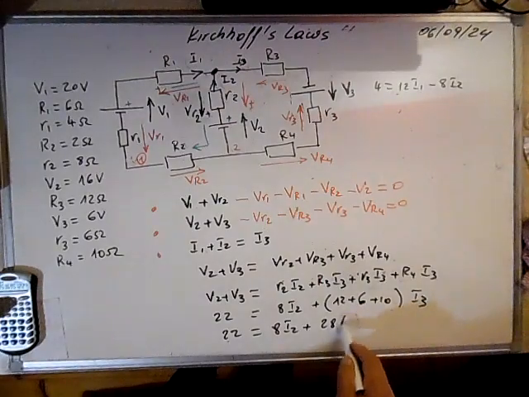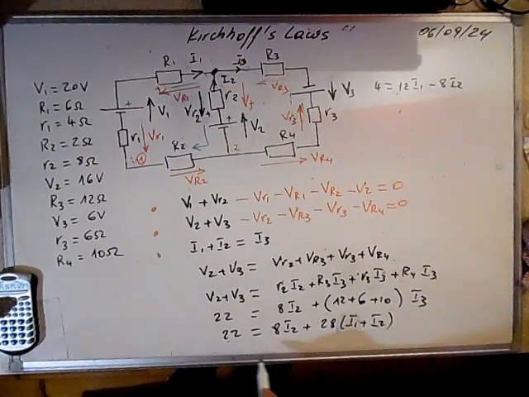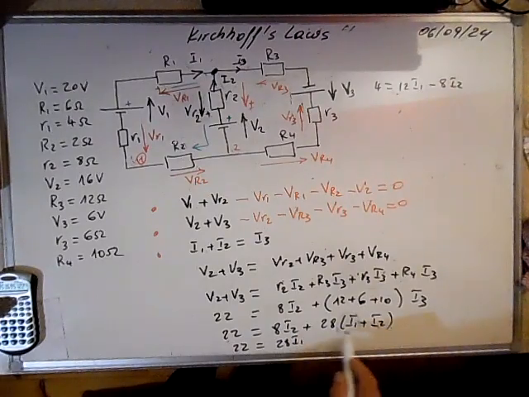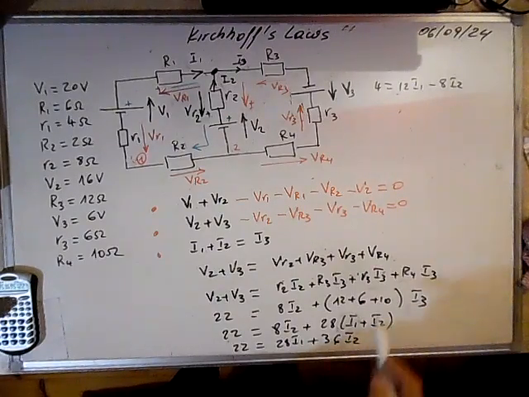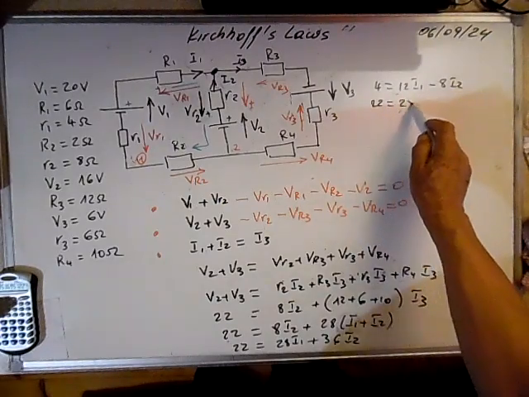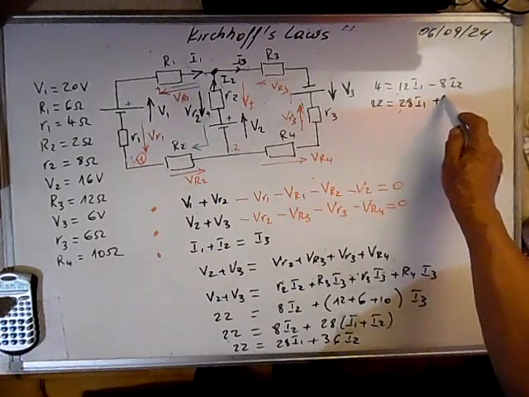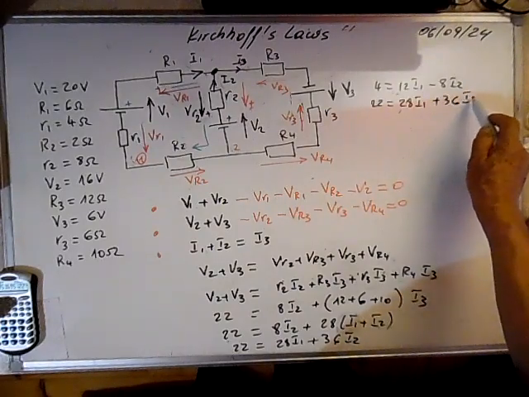We change I3 to this expression, I1 plus I2. The result is 22 is equal to 28 I1, and 28 plus 8 is 36 I2. So we write down here 22 is equal to 28 I1 plus 36 I2.